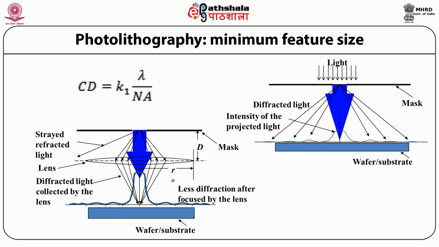Now when we are using a lens, then the photo mask transfers the image from it to the wafer. That is, we have less diffraction after focused by lens.